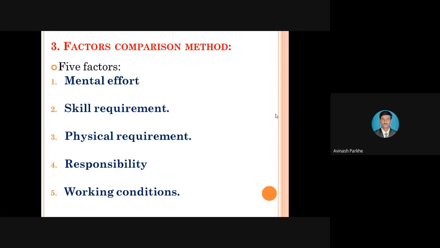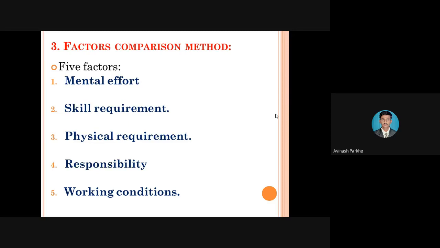Whatever working conditions are available in the industry, the comparison will also be based on that whenever we go for job evaluation. This method is called a qualitative method, and these 5 factors are to be considered, and based on them the evaluation of the job takes place.